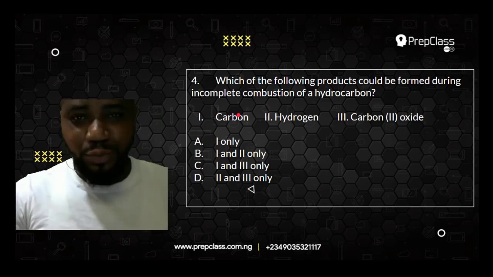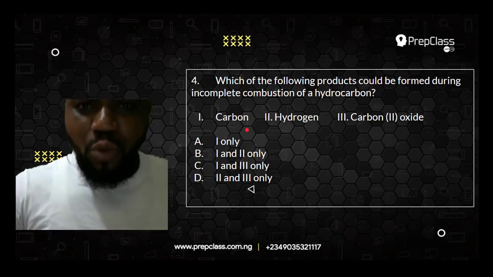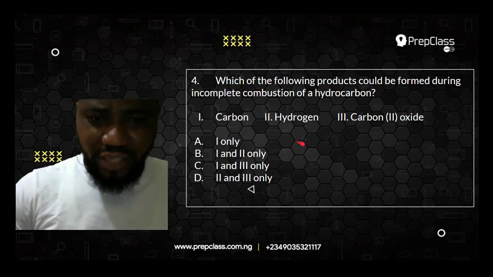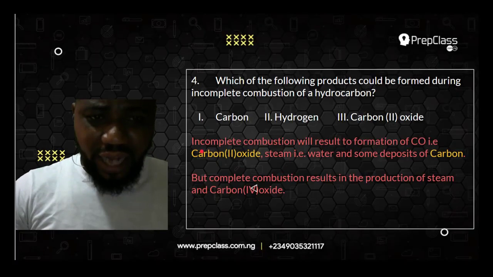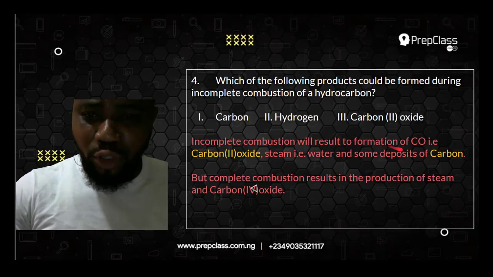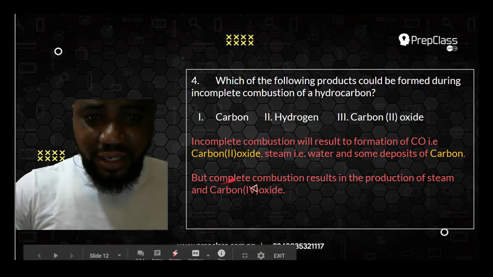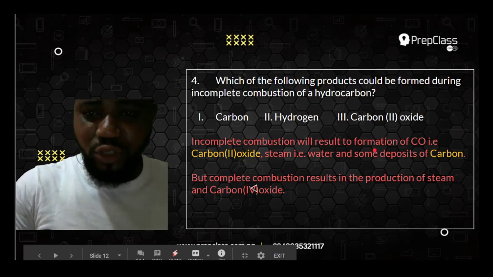So when they ask you which of the following products will be a product of incomplete combustion of a hydrocarbon, it's very simple. Incomplete combustion will result in the formation of CO, that is carbon(II) oxide, steam and some deposit of carbon.